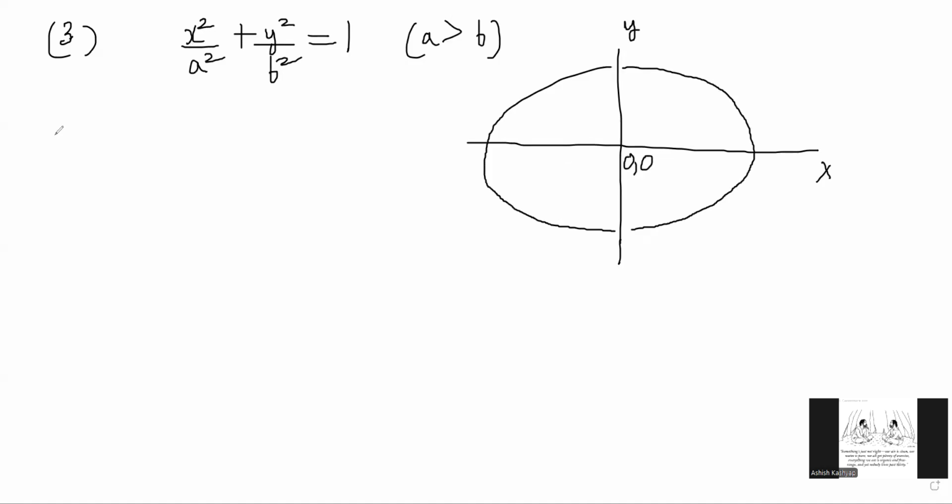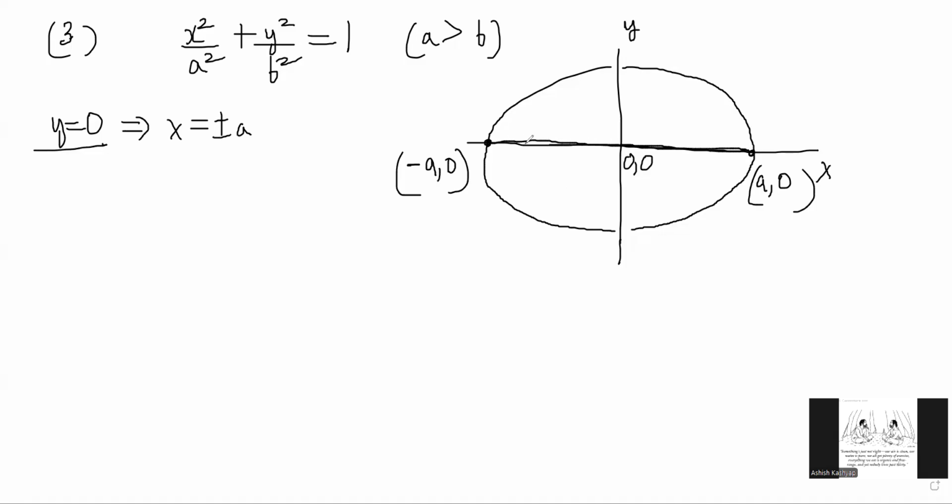And you will see that when you put y is equal to 0, you will get x is equal to plus minus a. So these 2 points are a comma 0 and minus a comma 0. These are called the end points of the major axis. Basically, the longer axis is known as the major axis. So if you notice, this is like a flattened sort of a circle where this line is bigger than this line, right?